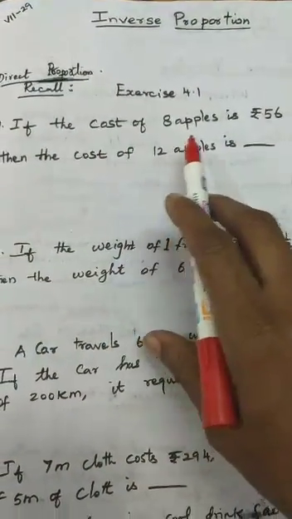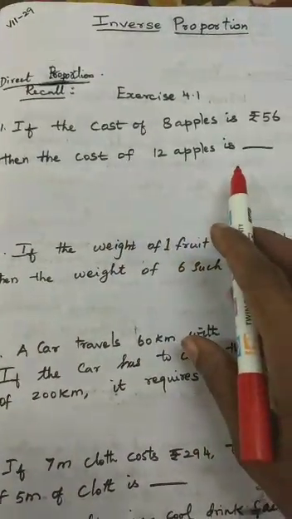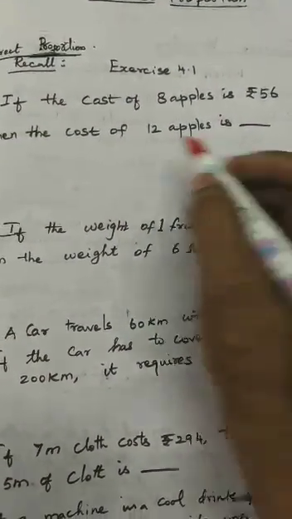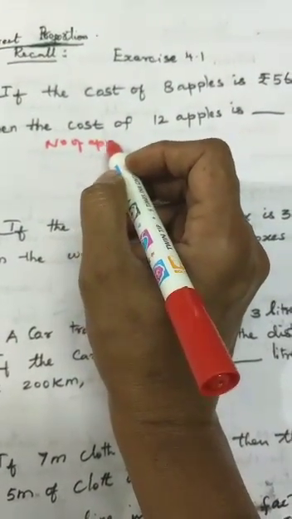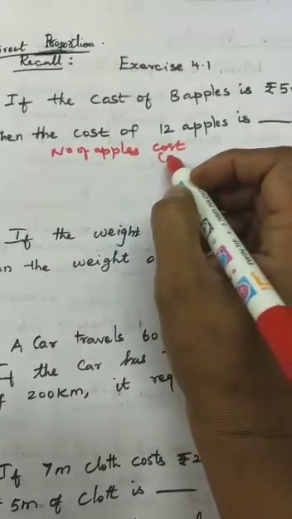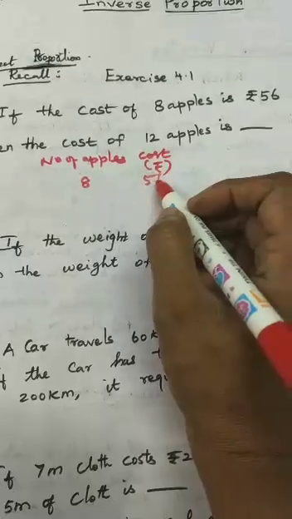If the cost of 8 apples is rupees 56, then the cost of 12 apples is, what we have to do? Yes, we have to write number of apples and cost in rupees, isn't it? Like this you have to write. 8 apples, 56 rupees.